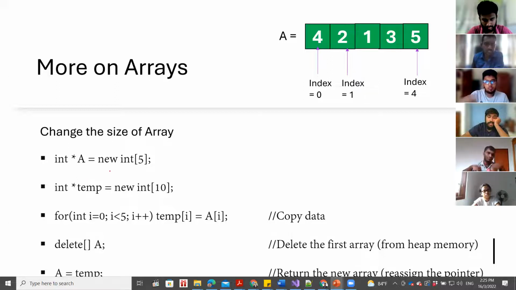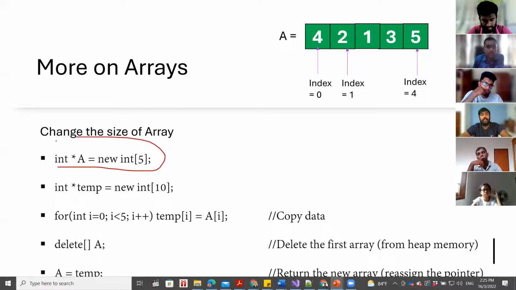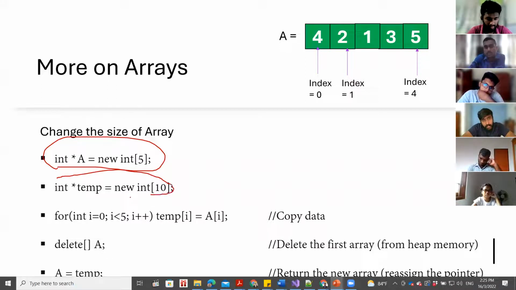Let's say we have an array of 5 and we want to create an array of 10, so we want to increase the size of this array. First we need to create an array of size 10, and then copy whatever was there in array A into this new array.